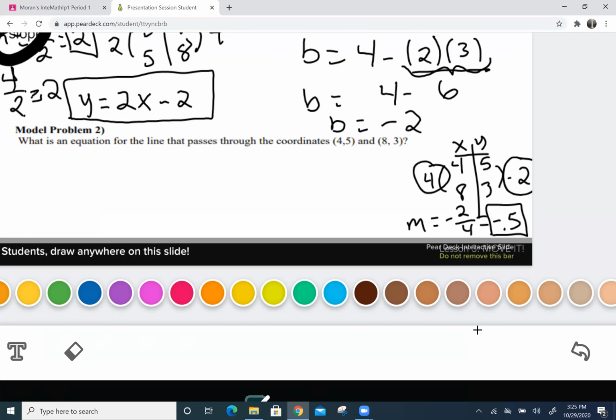Now we're going to go ahead and find our B. So B equals y minus mx. I'm going to choose one of the points; I'm going to stick with 4 and 5. So y is 5 minus, and when it's a negative, I like to put parentheses, just in case I need to count the number of negatives.